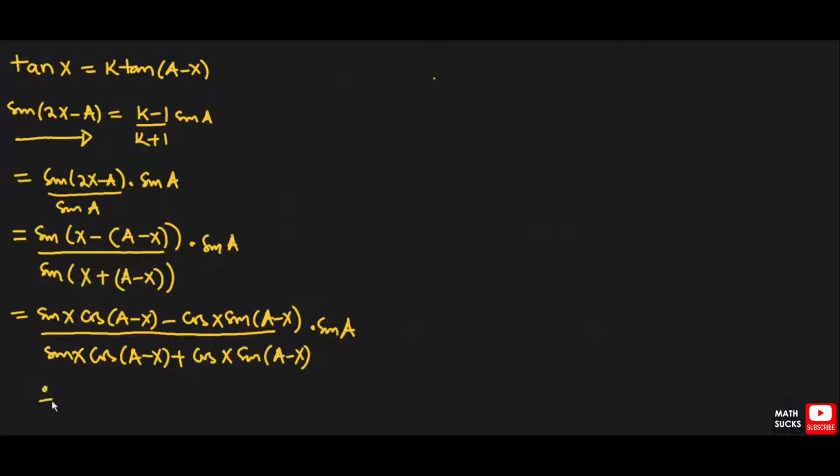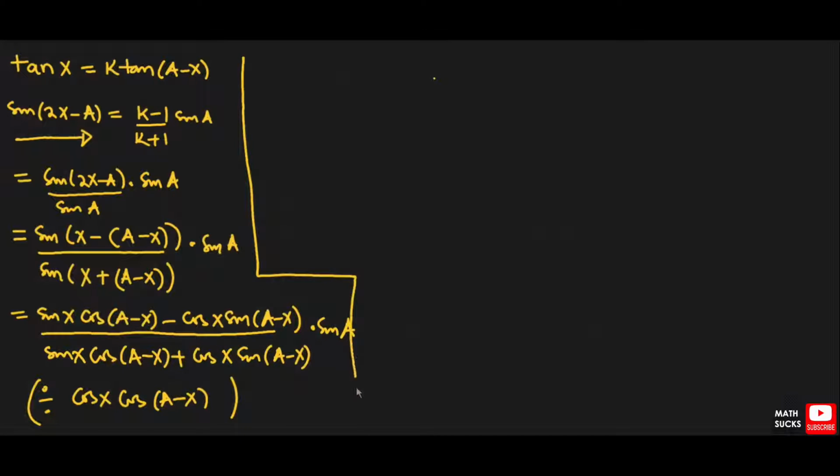So in other words, we are going to divide throughout by a product of cos x, then cosine of a minus x. Because we realize that when we divide this here, this becomes tan of x, and then this divided by here and here, it will become a tan. So let's divide throughout by this up and down.